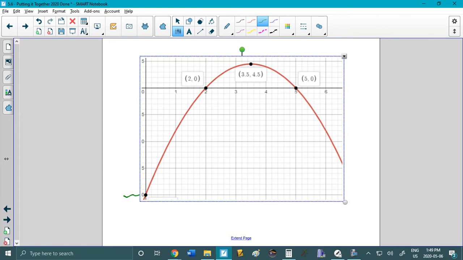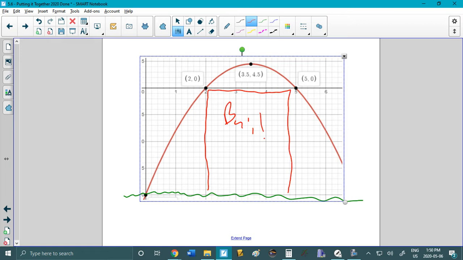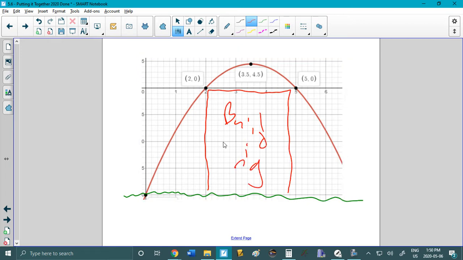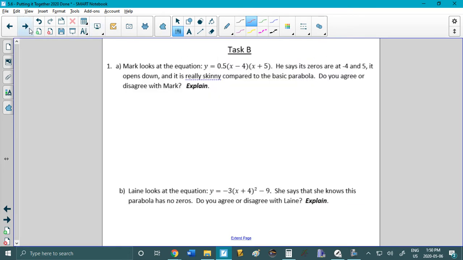This is the ground. Okay, and this said negative 20 here. And then we can draw the building. So let's say the building's like this. Building. So there's the building. The ball goes up and over the building and back down. Cool?